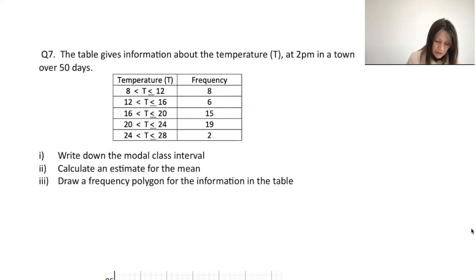Right, the modal class. Modal is mode. Mode is most common. So if we look at the frequency, 19 is the biggest frequency, making this the most common. So we would write down 20 T 24. Calculating an estimate for the mean, you've got that word mean, you've got a table.